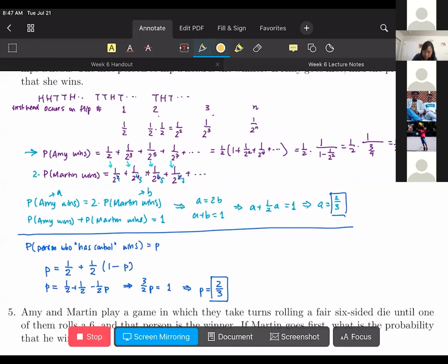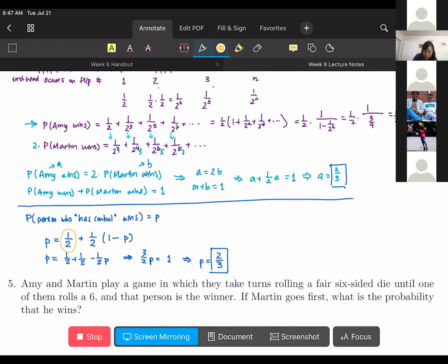So this is the probability that Amy flips heads. And then this over here is Amy flips the tail. And when Amy flips a tail, then the probability that she wins is basically the probability that Martin, who currently has control now, loses. So it's 1 minus P.